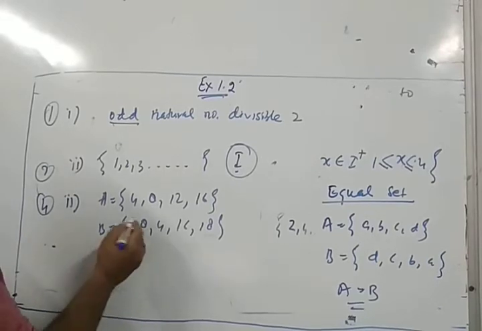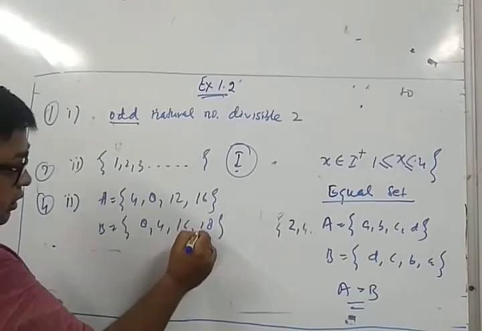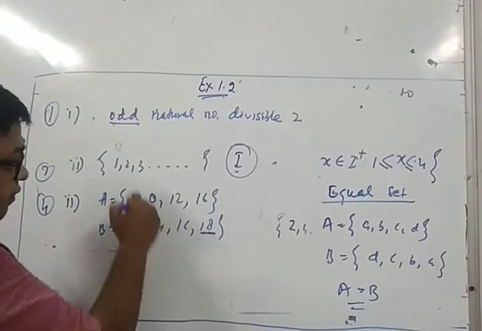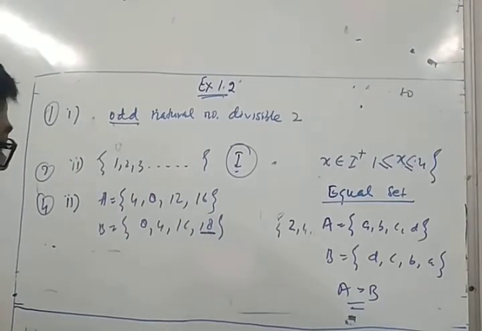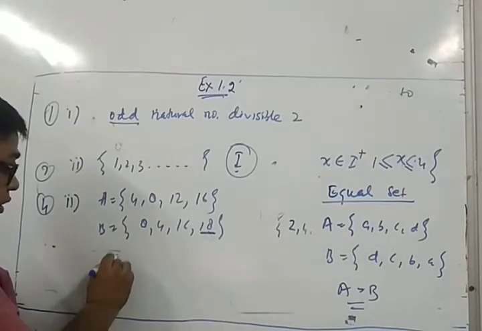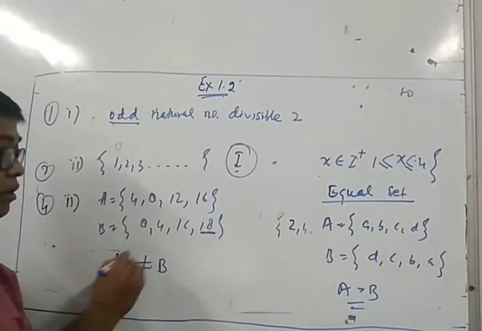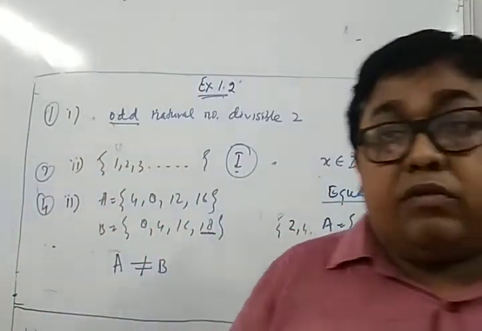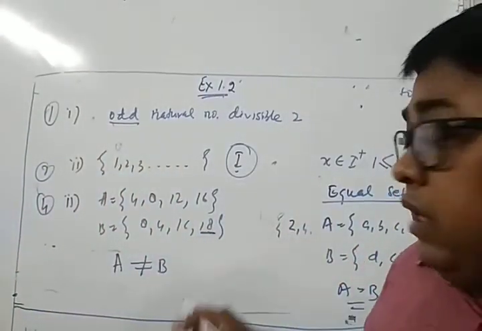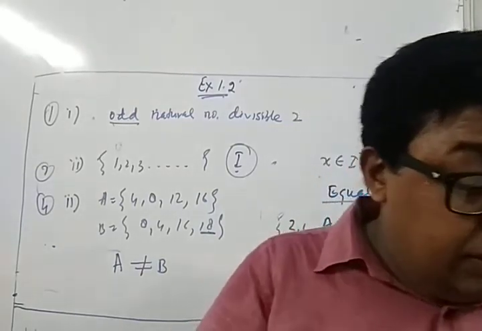We can see that 18 is not present in the first set, it is available only in the second set. So A is not equal to B. For equal sets, both sets must have the same elements.